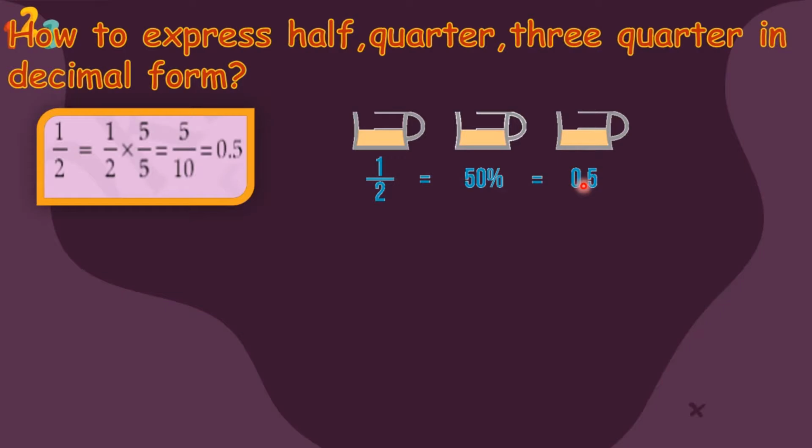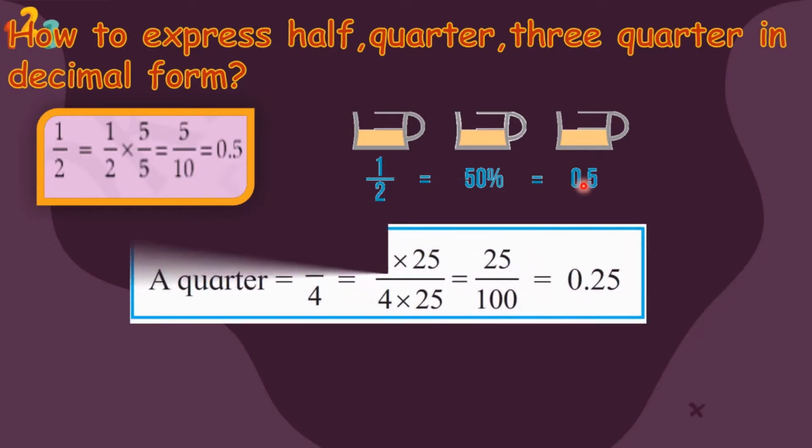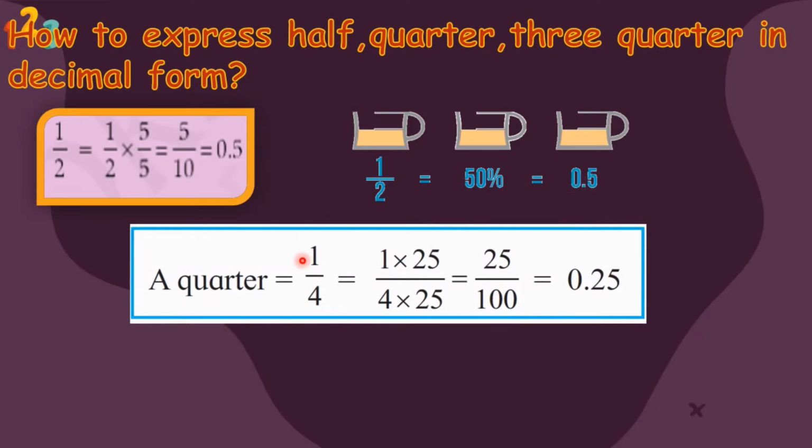Now, the fraction such as 1 upon 4 or a quarter we say, let us see how this can be written with the decimal point. Now here, to convert this 1 upon 4 in the form of decimal fraction, we can't make the denominator 10 as 10 is not divisible by 4.